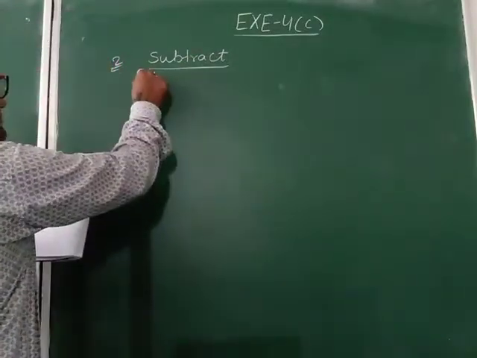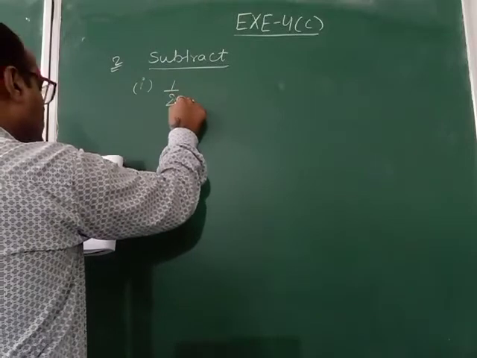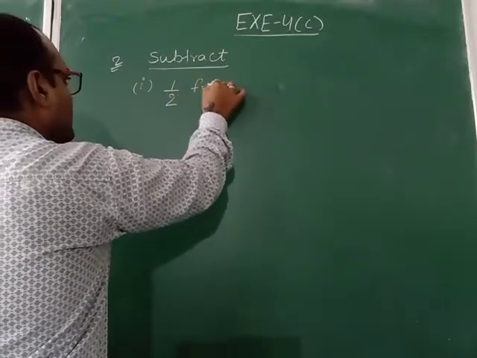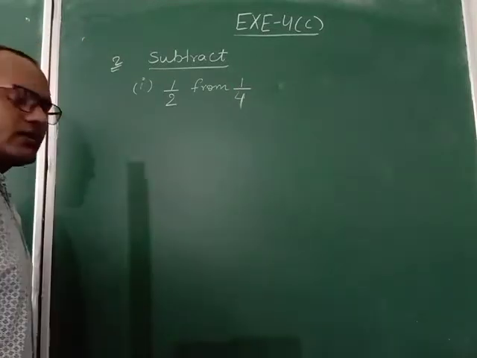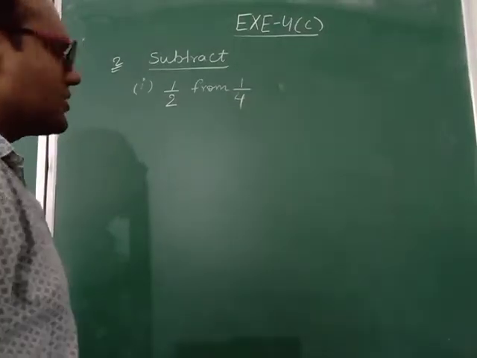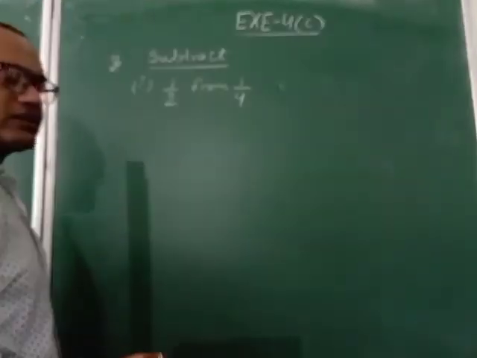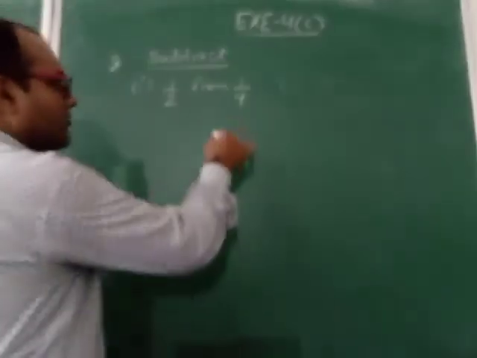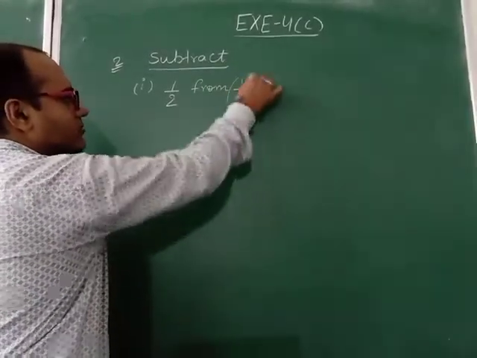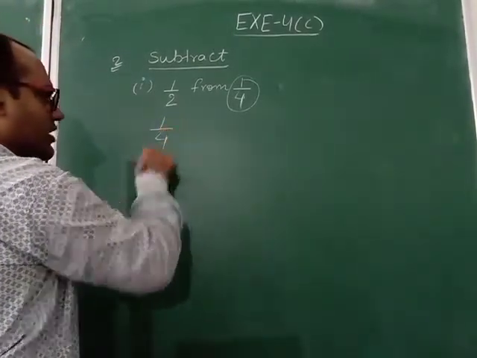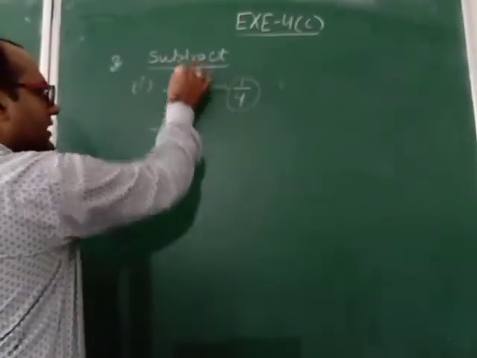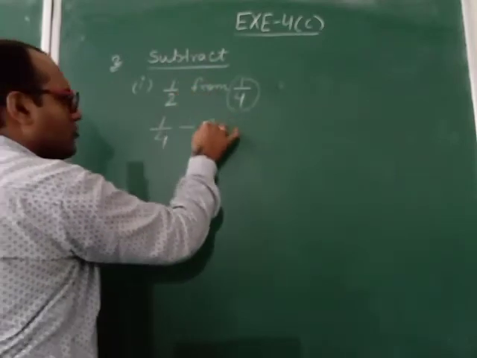First part: 1 upon 2 from 1 upon 4. This is the question. We have to follow the subtraction rule here. What is the rule of subtraction? The number which is written after 'from', that number we have to write first. So 1 upon 4 we have to write in the beginning. Now we put the subtract sign and write 1 upon 2.